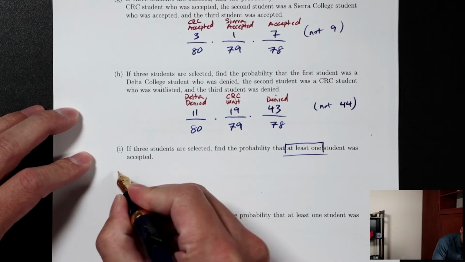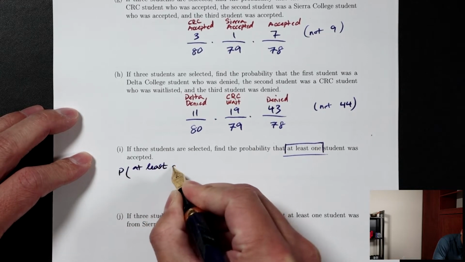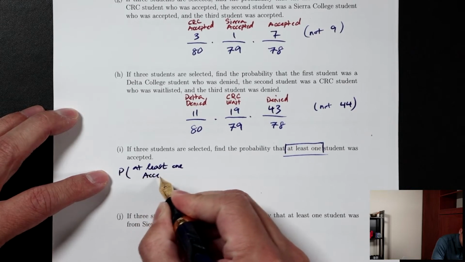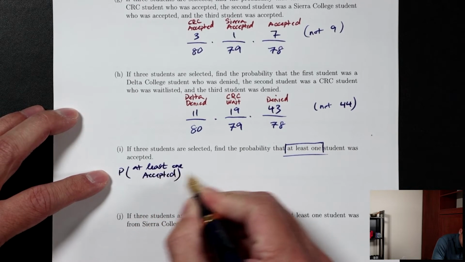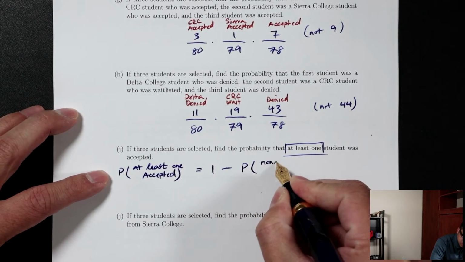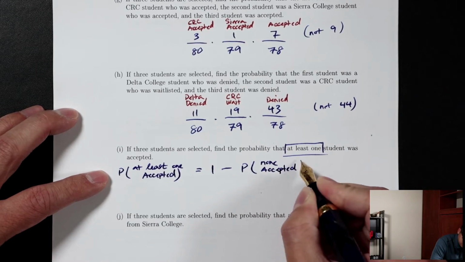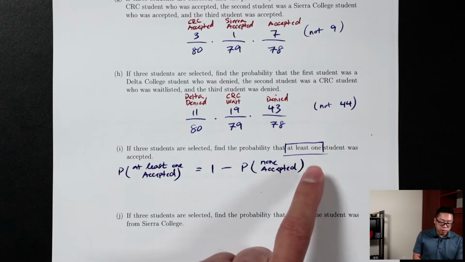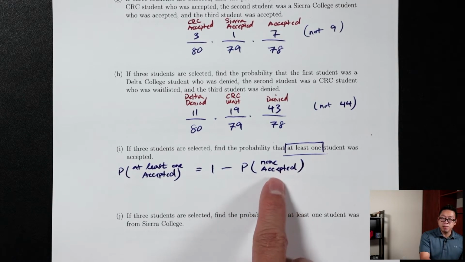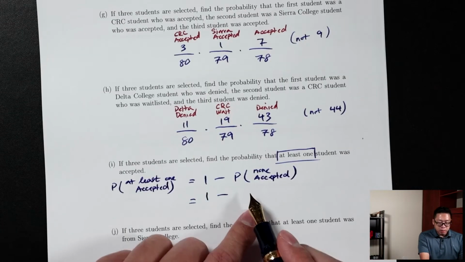So the probability of at least 1 accepted is going to be 1 minus the probability none accepted. Anytime we're looking for at least 1 probabilities, we're going to do 1 minus the probability of none.